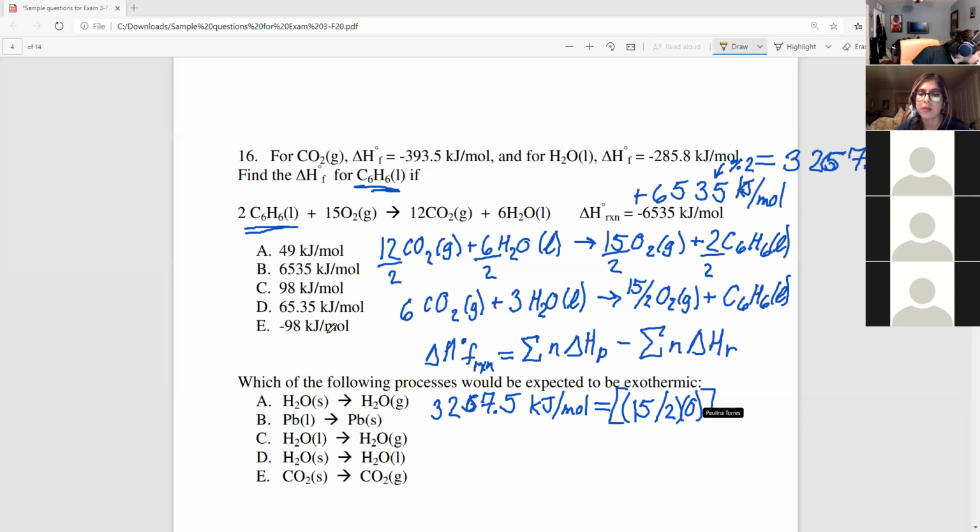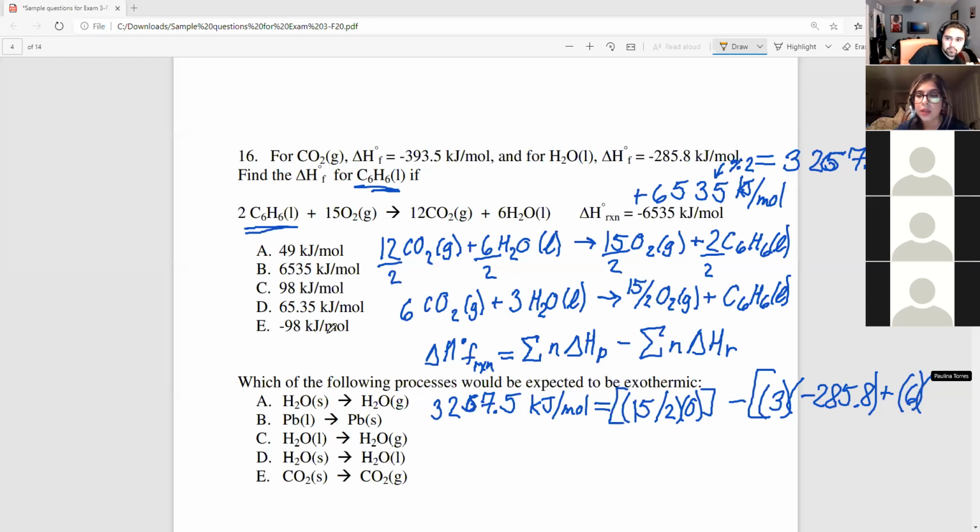So now we're going to have minus the reactants, which are 3 times water. So the water is negative 285.8. And then this is the summation. So plus the coefficient of carbon dioxide.